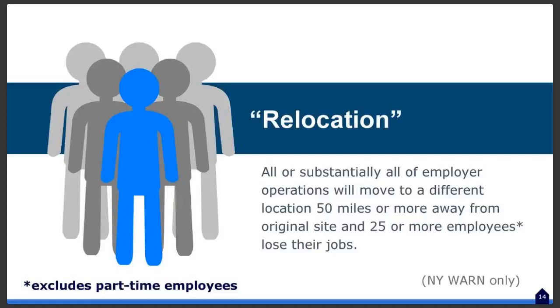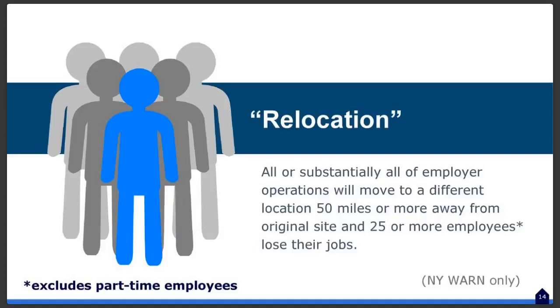What it is defined to mean under New York law is all or substantially all of the employer's operations will move to a different location 50 miles or more away from the original site, and 25 or more employees lose their job.